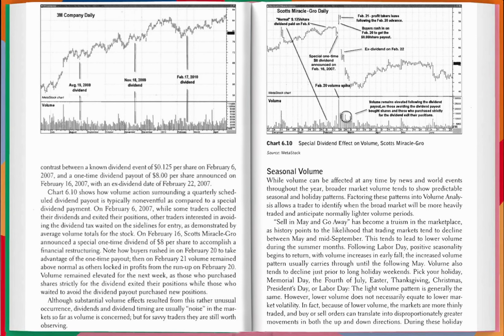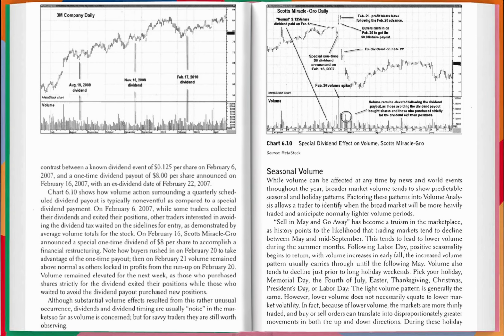On February 16, Scotts Miracle-Gro announced a special one-time dividend of $8 per share to accomplish a financial restructuring. Note how buyers rushed in on February 20 to take advantage of the one-time payout. Then on February 21, volume remained above normal as others locked in profits from the run-up on February 20.